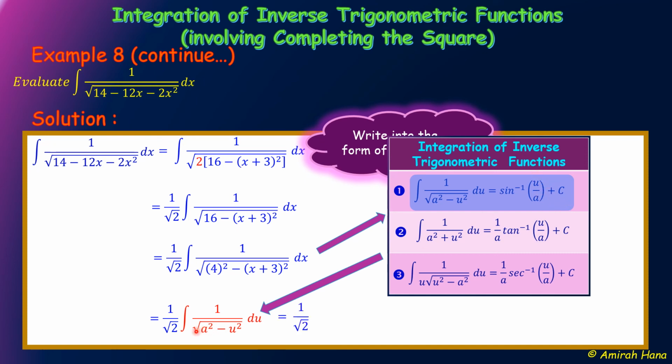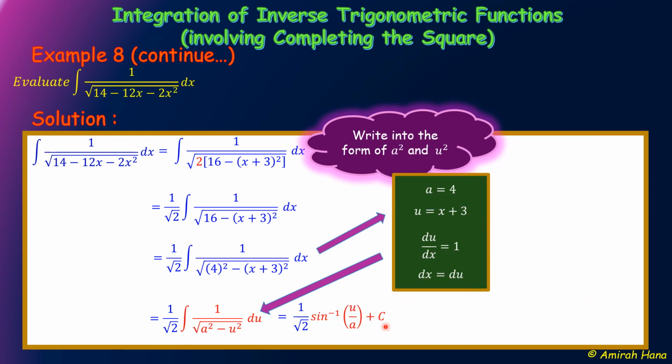So the answer when we integrate 1 over square root of a squared minus u squared du will equal inverse sine u over a plus c. We still have the constant 1 over root 2 in front here. So when we integrate, the answer equals inverse sine u over a plus c.